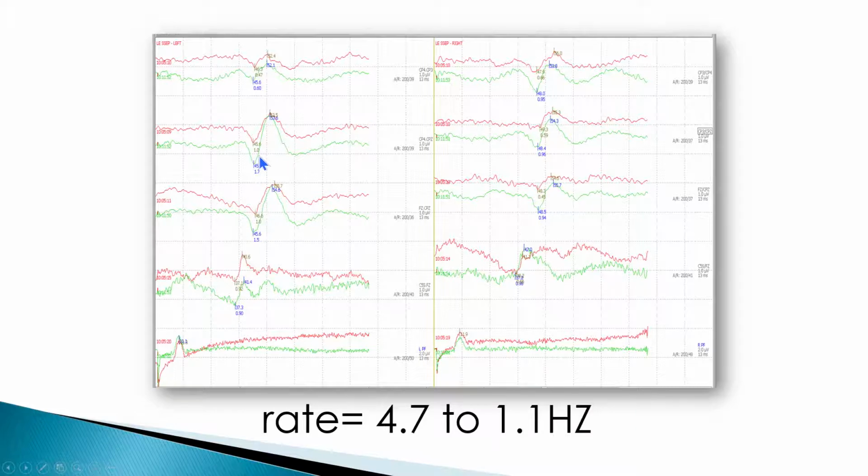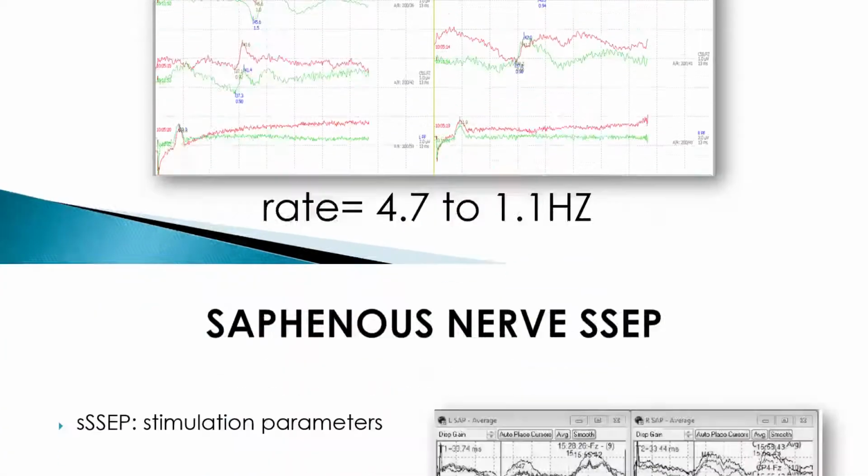And see how it improved the cortical responses? Didn't so much in this derivation, but it did in the second and third derivations, and even on the right side as well. The red wasn't so great, but when I decreased the rate, it improved those cortical responses. So it's a little troubleshooting technique to try to improve your responses.